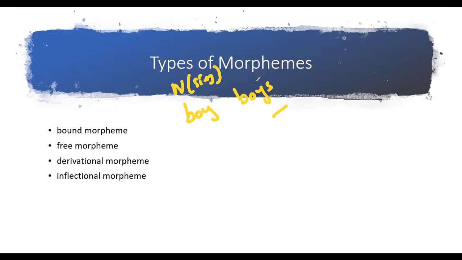This is also a noun, but this is plural. When we add "s", it indicates that it is plural. This means that here we have two morphs. One is the free morph, another is a bound morph but inflectional.